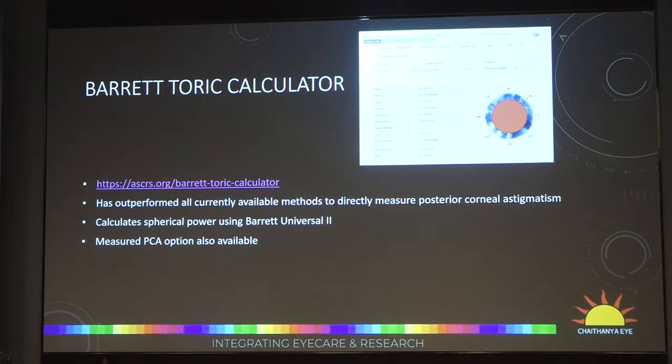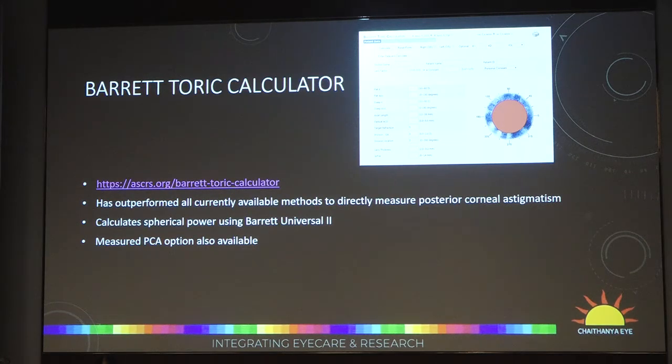But this is the most popular and the easiest formula to calculate IOL power for toric IOLs that is available nowadays. It's a Barrett Toric Calculator available for free on the ASCRS website. And it has more or less outperformed all other methods to measure posterior corneal astigmatism or matched it.